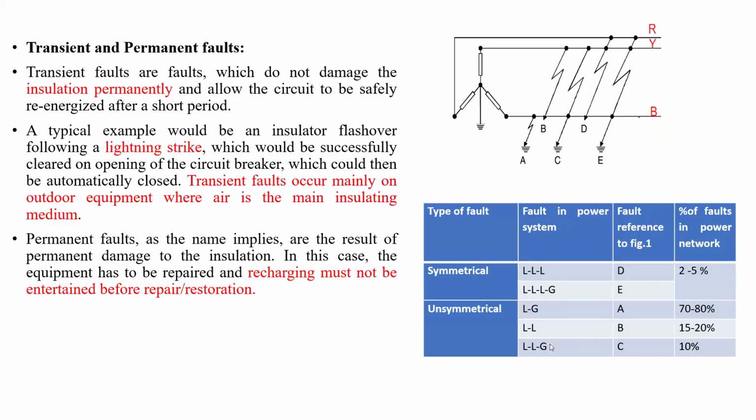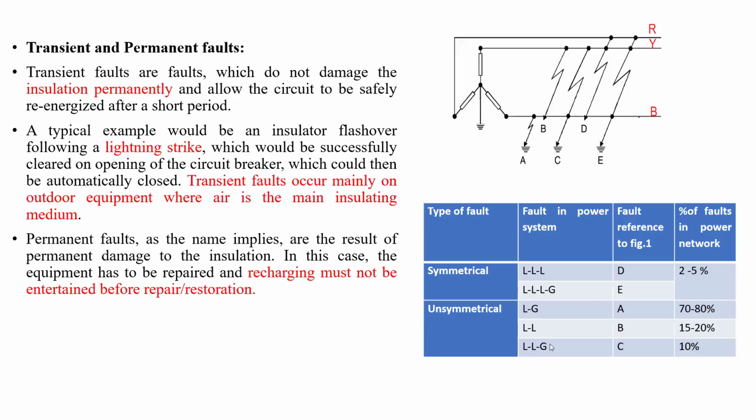And also we can consider transient faults and permanent faults. Transient faults are faults which do not damage insulation permanently and allow the circuits to be safely re-energized after a short period of time. So generally we can say that is the auto recloser of the circuit after a fault. A typical example would be an insulator flashover following a lightning strike, which would be successfully cleared on opening the circuit breaker, which could then be automatically closed.